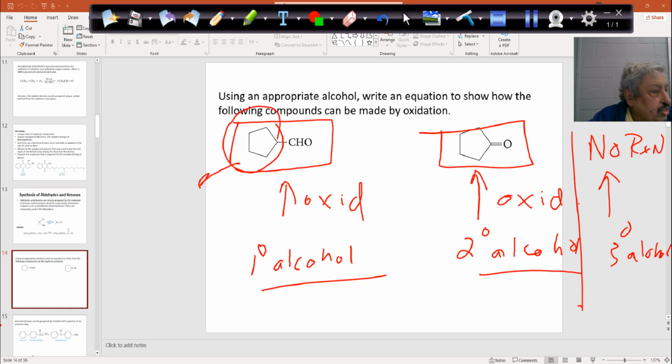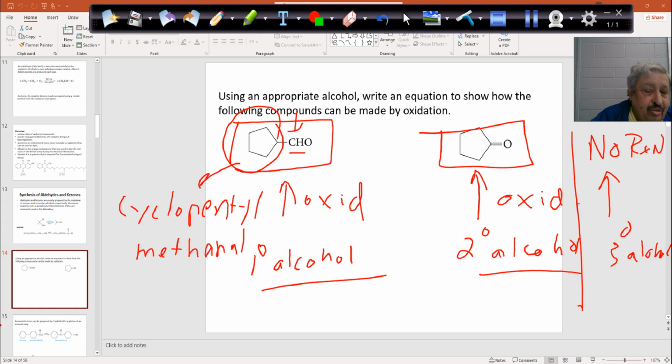You name this one here as a substituent, so the group will be cyclopentyl, and this is one carbon. One carbon is methane, correct? Methanol. So this is the name of this compound, correct?